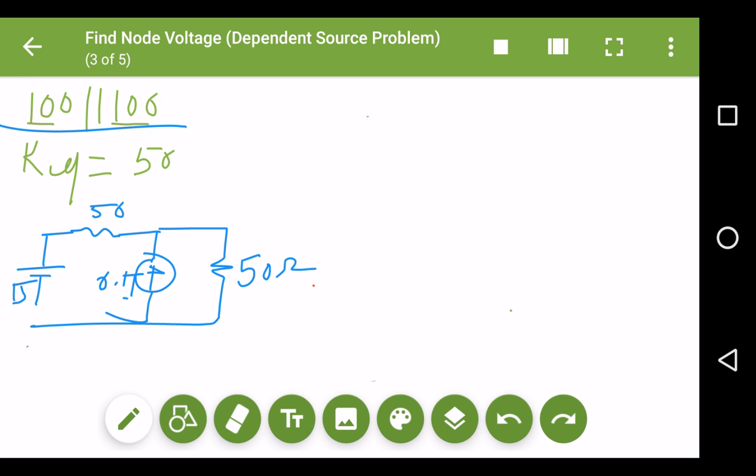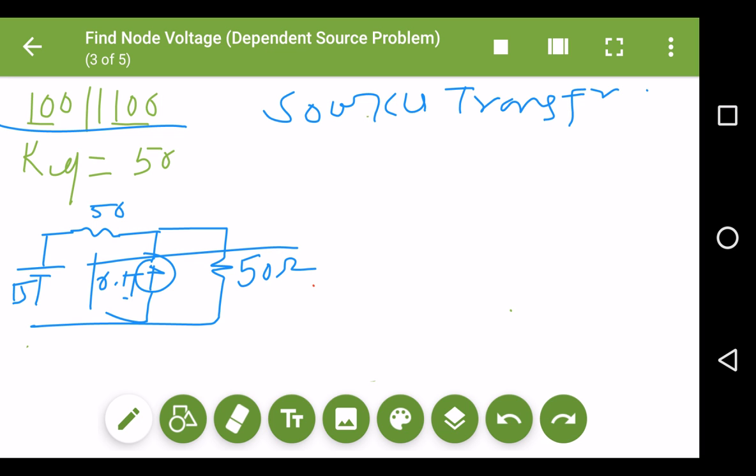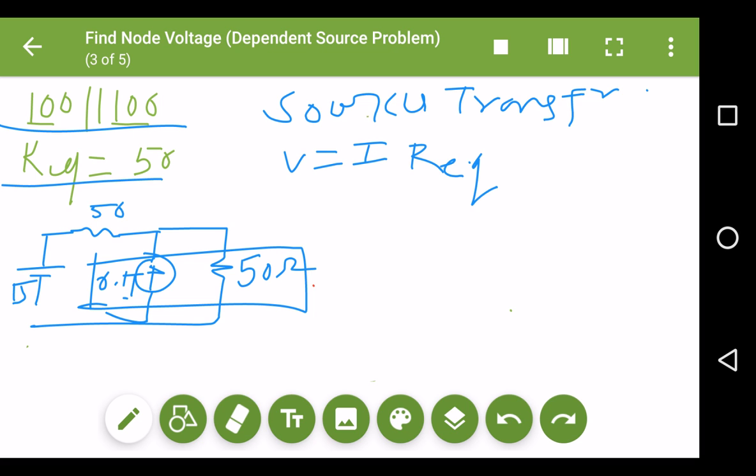Now again I will use a source transformation, and I will transform this 0.1 I current source into an equivalent voltage source. So from Ohm's law I know that the voltage value is I into R. And this R is the 50 ohms, that is the equivalent resistance which we have just found.